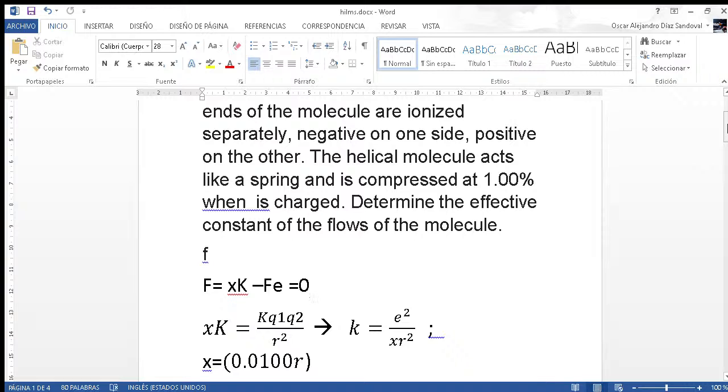Okay guys, in this problem we need to remember one formula, one law, that is Hooke's law. This law acts in the springs or in the elastic materials, or in the springs, and this law is this one.